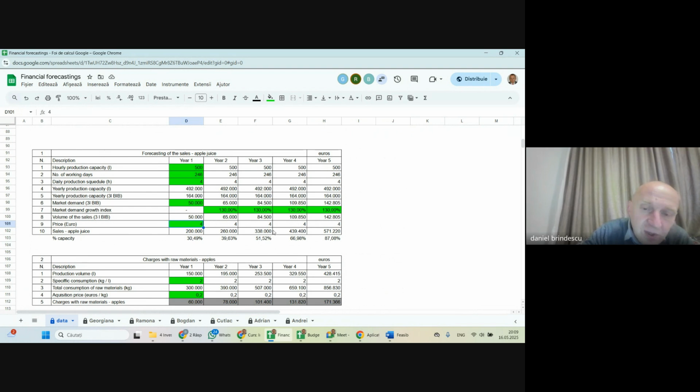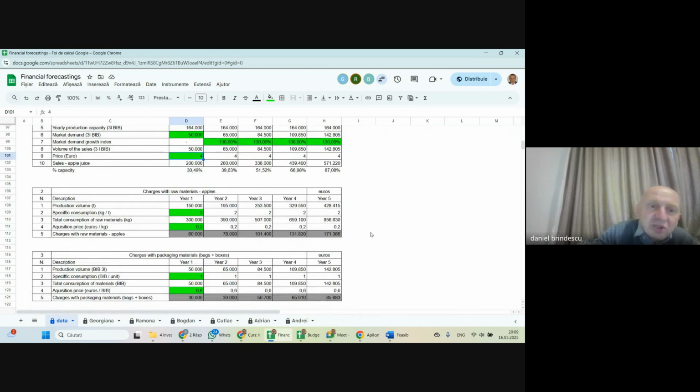These are not factors 100% under our control. So changes in the values of any of these factors would generate changes in the values of the net operating cash flows, and through that could reduce, of course, or increase, but that's not the point right now, the net present value or the internal rate of return or the other indicators, profitability index and discounted payback period.